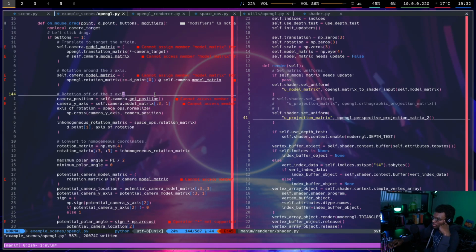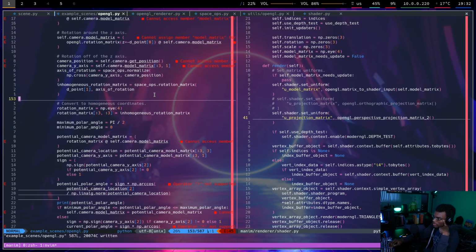Rotation off the z-axis. I get the position and the y-axis, I do a cross product to find the axis of rotation, and then use that axis of rotation to get a rotation matrix. I use this rotation matrix to check the bounds after it's already been translated.